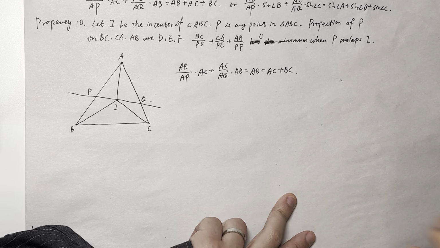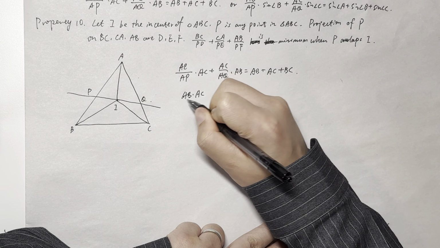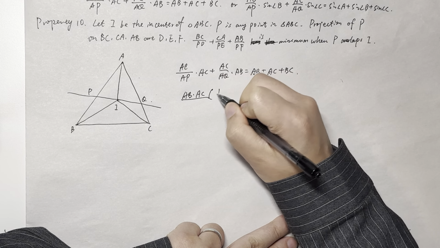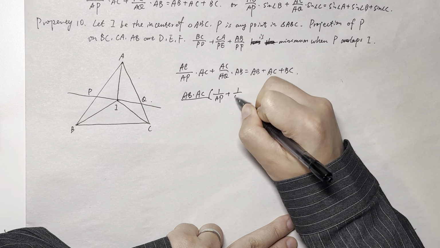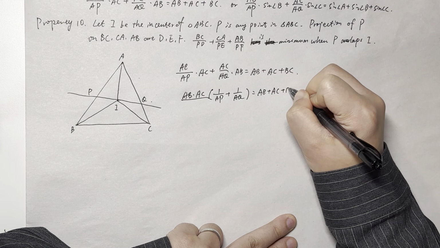So basically we want to prove that AB times AC times (1 to AP plus 1 to AQ) equals AB plus AC plus BC.